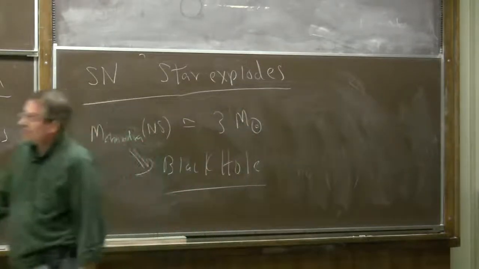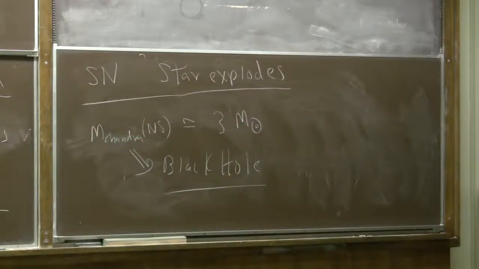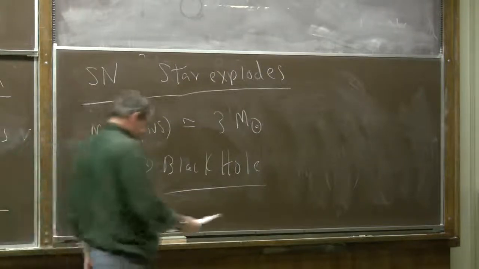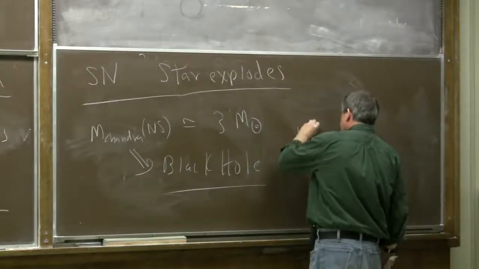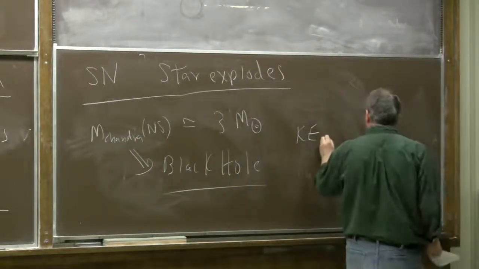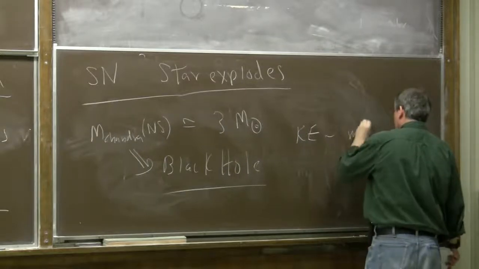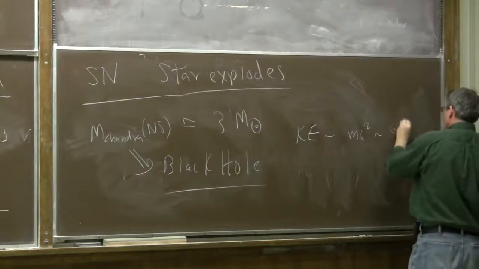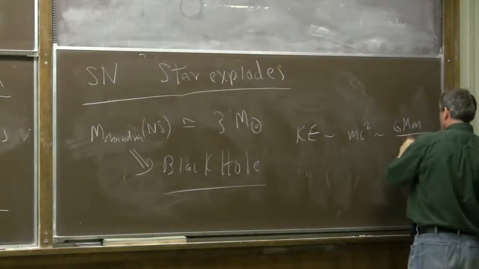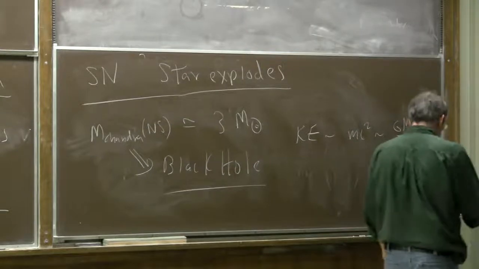And, to estimate in order of magnitude the size of a black hole, its gravitational attraction is so strong that light can't escape from it. And so, well, this is kind of crude, but it gives the right order of magnitude. The kinetic energy going like mc squared becomes comparable to the potential energy going like GM over r.